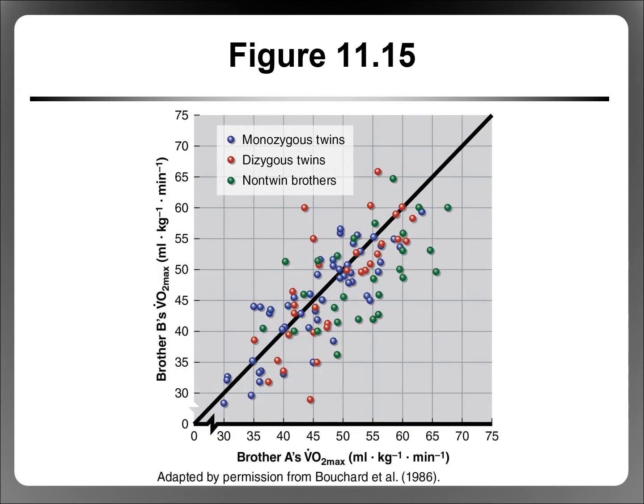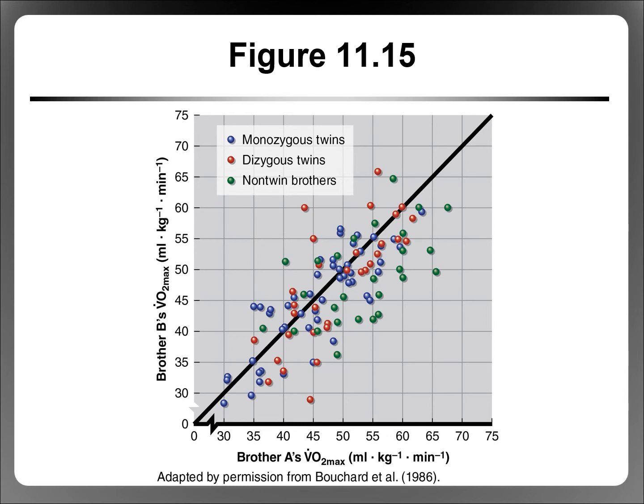All right, so again, this is one of the twin studies that we looked at. So what this means, a monozygous twin is an identical twin where you started with one zygote that split into two. Dizygous twins, these are fraternal twins.